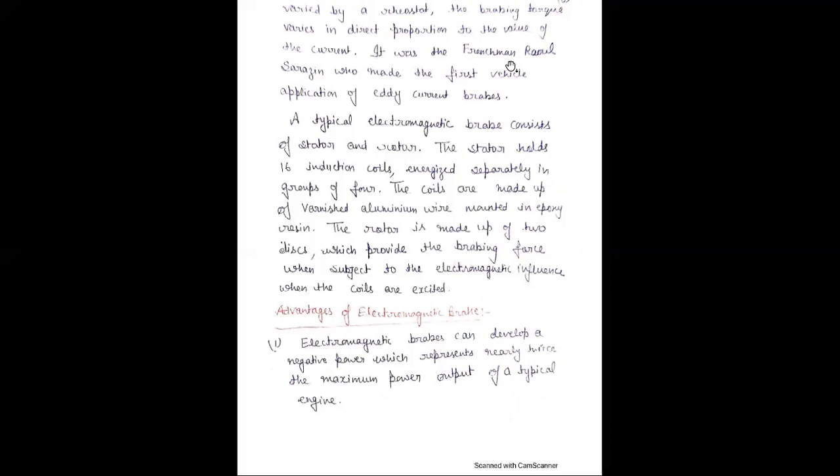It was the Frenchman Raoul Sarrazin who made the first vehicle, the first vehicle based on the application of eddy current brakes. A typical electromagnetic brake consists of a stator and a rotor.